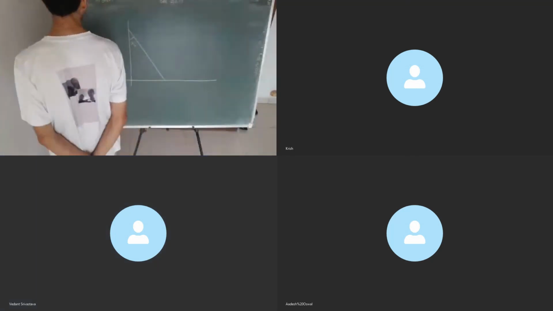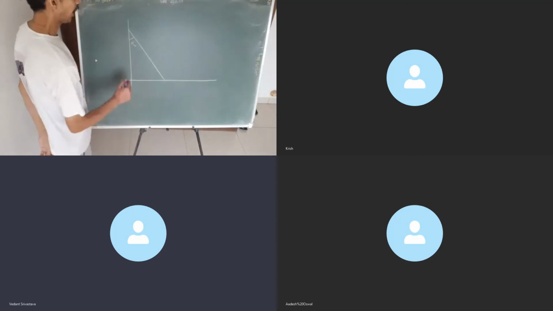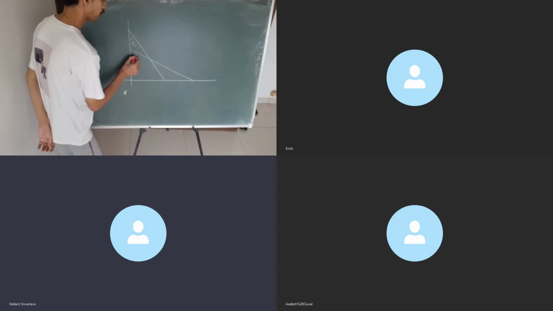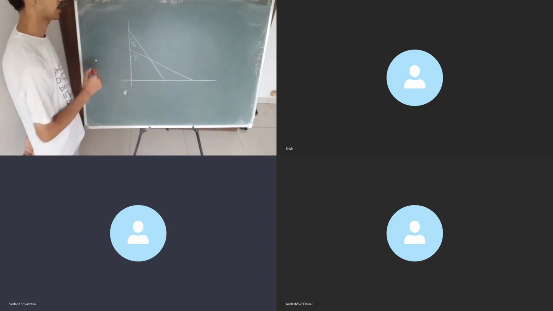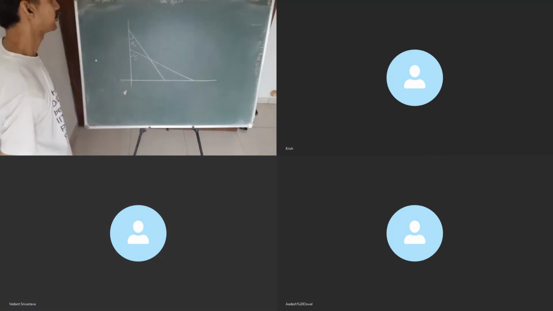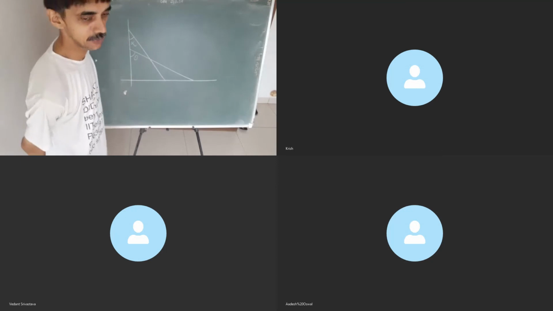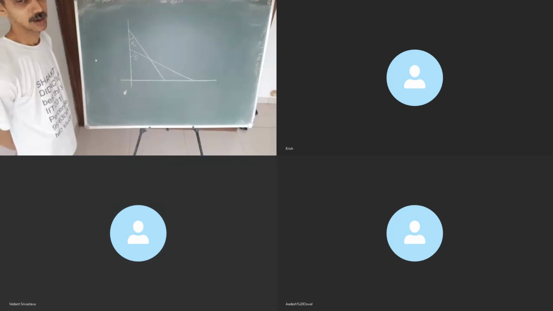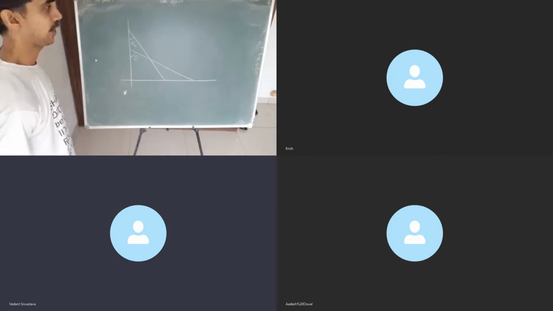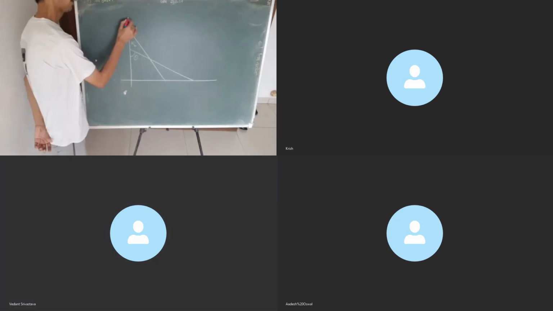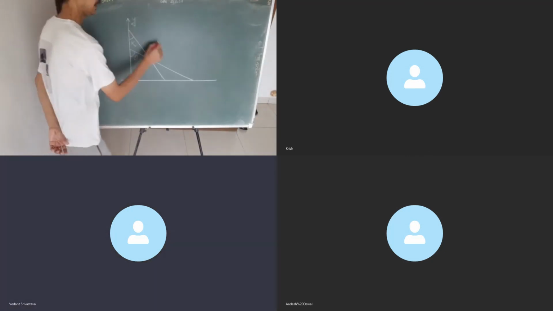Find the angle theta at which the rod will leave (in brackets, break) the wall. The rod will leave the wall. Is it okay?